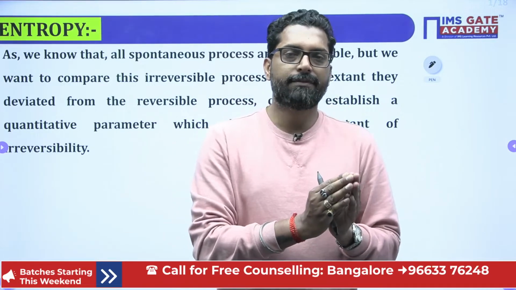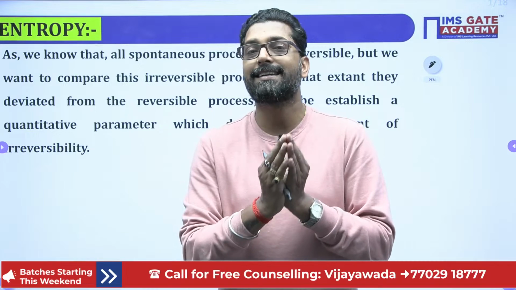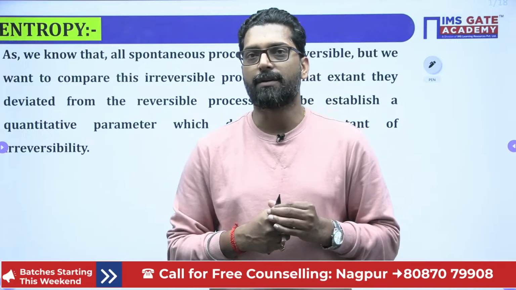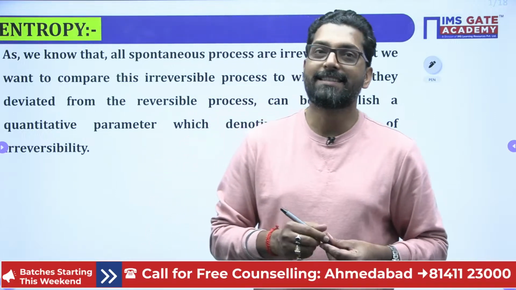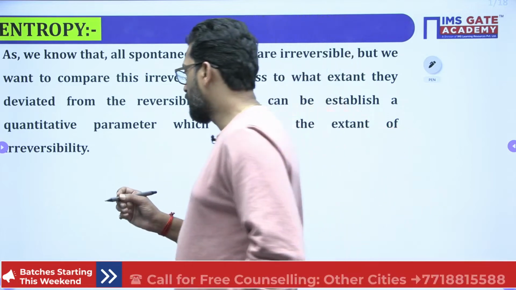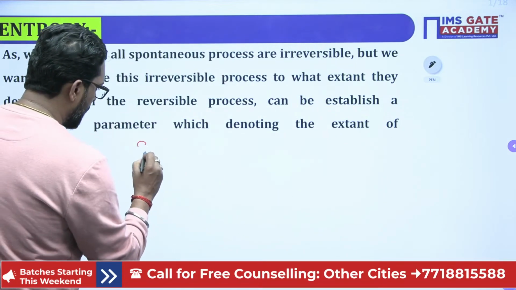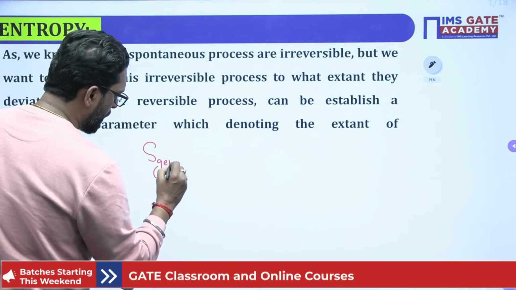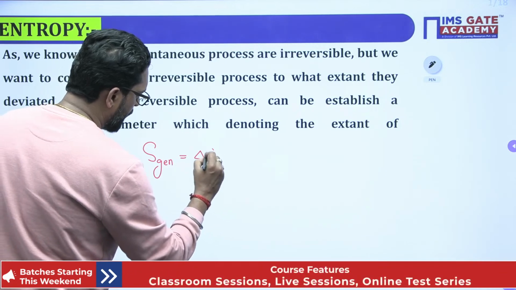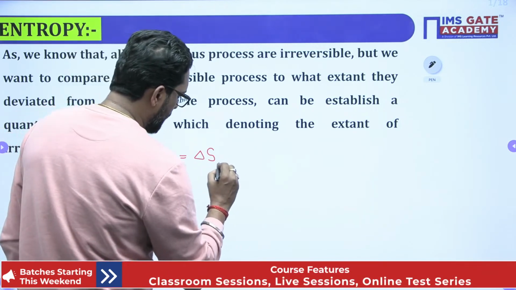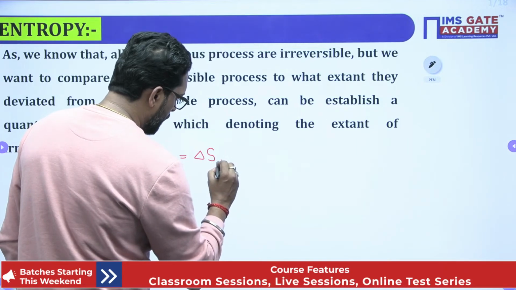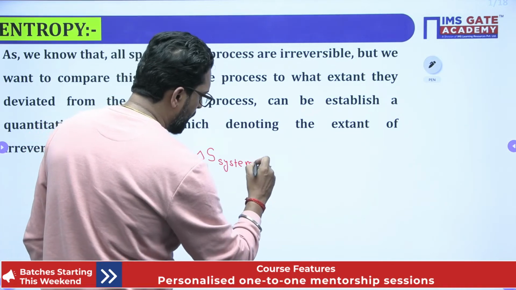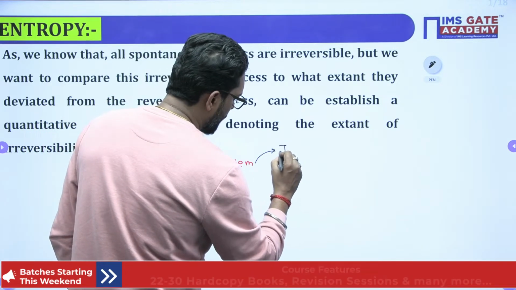So what is left? The left is the generation. So that generation is the change in entropy of the system. And what is your system? The system is an isolated system, that means the universe. So the entropy generation, the entropy production, is equal to the change in entropy of the isolated system.